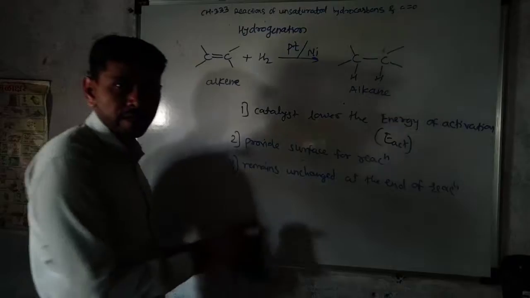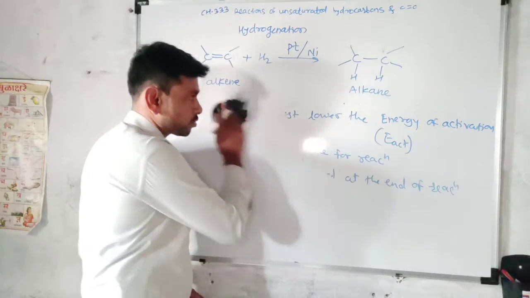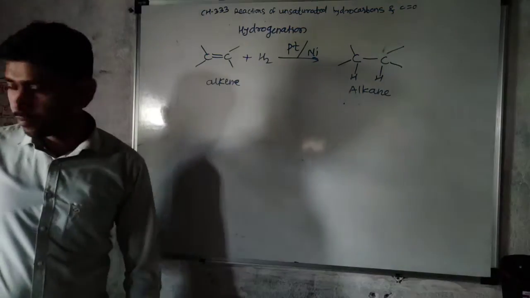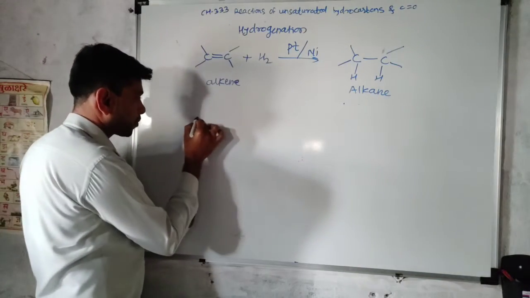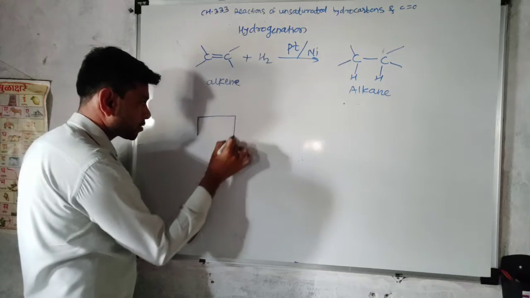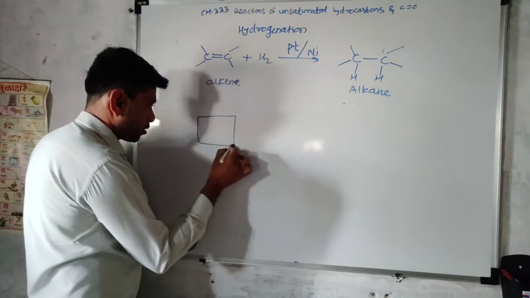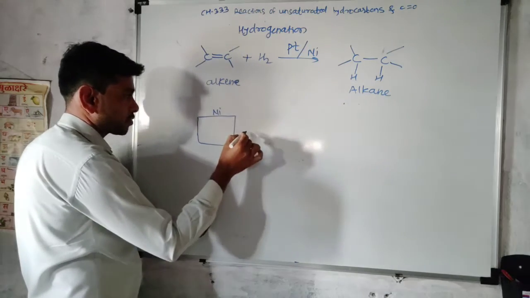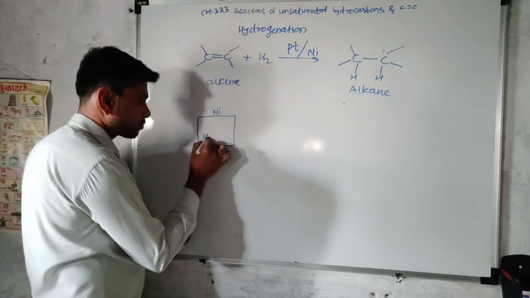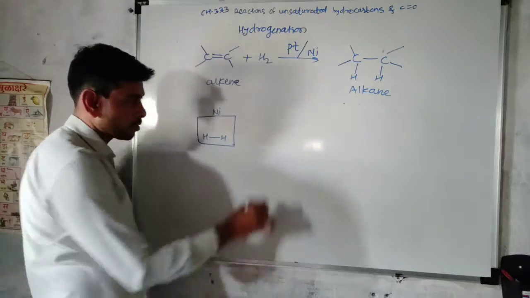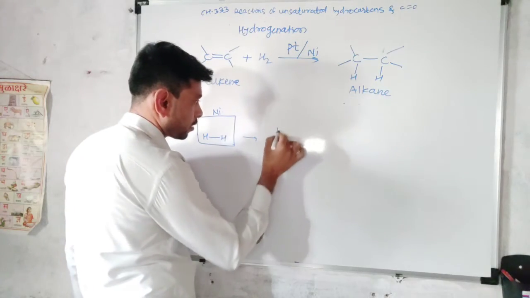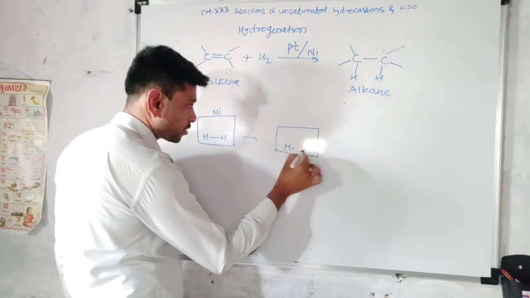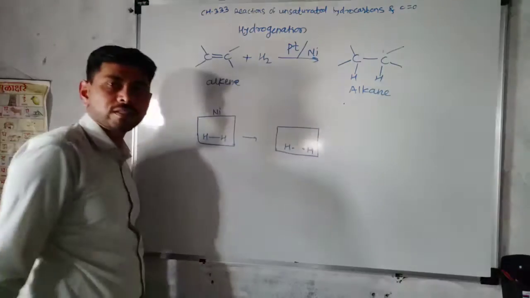So it is required for this reaction, and due to these roles, see the actual mechanism. Suppose that this is the catalyst surface, the platinum or nickel surface. To this surface, first the hydrogen attaches.